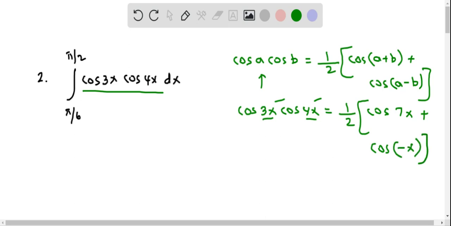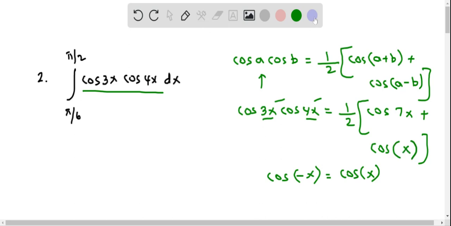And now we can use the identity that cosine of a negative angle equals cosine of the positive angle. That is, cosine negative x equals cosine x. And so we can replace this cosine of negative x with just cosine of positive x.